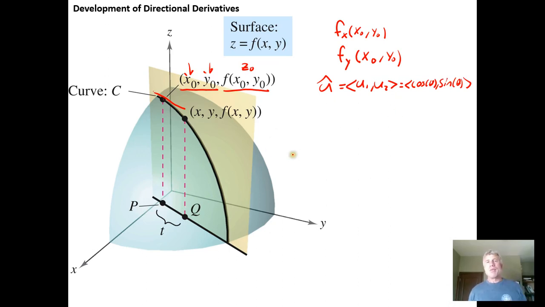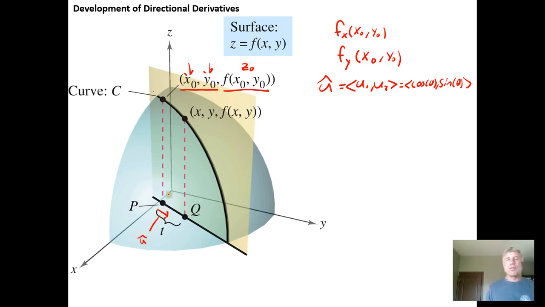So the next thing that we want to do is think about, well, when we take a derivative, what are we doing? Well, we're finding the slope of a secant line. So let's say we know that we want the derivative in the direction of u hat. Let's draw u hat right here. So here's my u hat.